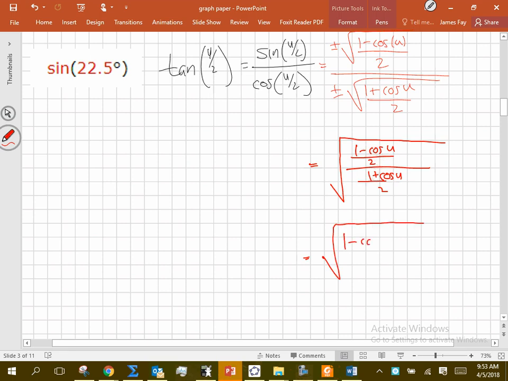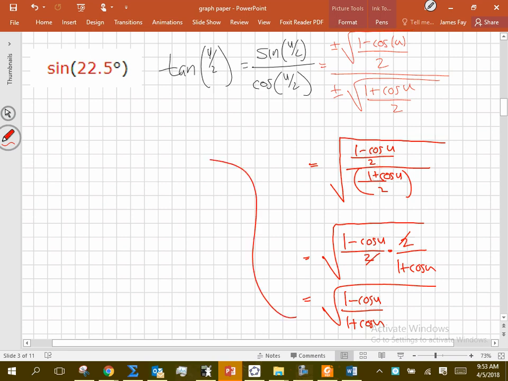Now we can take 1 minus cosine u over 2, which is this numerator, multiplied by the reciprocal of that denominator. And we get those to cancel out. So now we get the square root of 1 minus cosine u over 1 plus cosine u. Generally speaking, we don't like writing it that way.